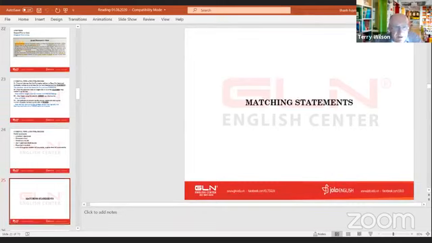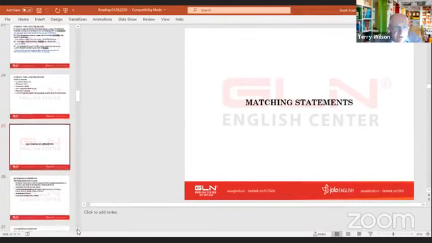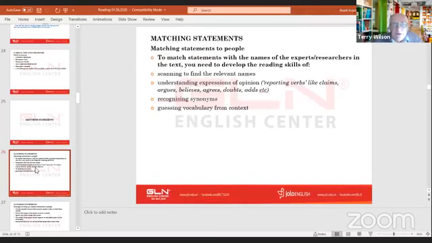Let's have a look at a matching statement example. To match statements with the names of the experts, researchers in the text, you need to develop the reading skills of scanning to find the relevant names, understanding expressions of opinion, so reporting verbs like claims, argues, believes, and so on, recognizing synonyms and guessing vocabulary from context.